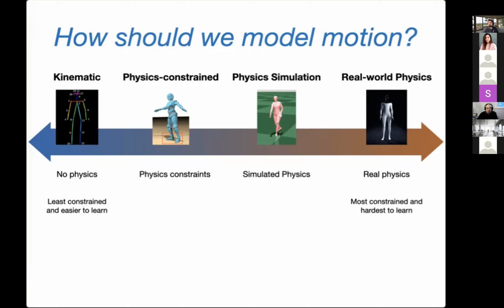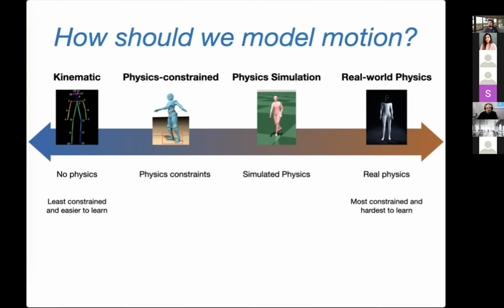We could take this one step further, and say whatever motion model we learn should work in some kind of physics simulator. Having loose physics constraints is not enough. It needs to be hard physics constraints where you cannot violate the laws of physics. That might be the first step: simulated physics.